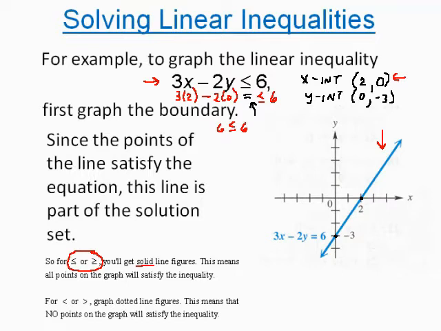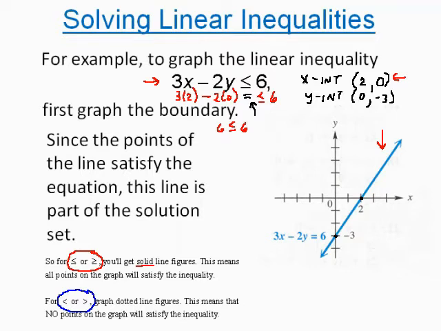Now let me go to a different color. On the bottom down here in blue, if there is no equal sign, then you must put a dotted line graph or figure. That just means that no point on the line will satisfy the inequality.